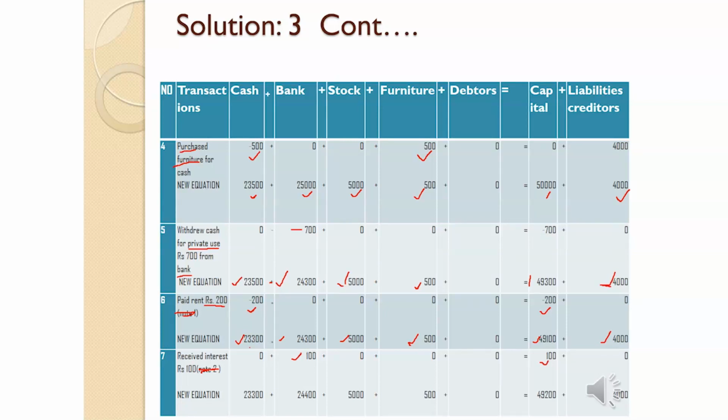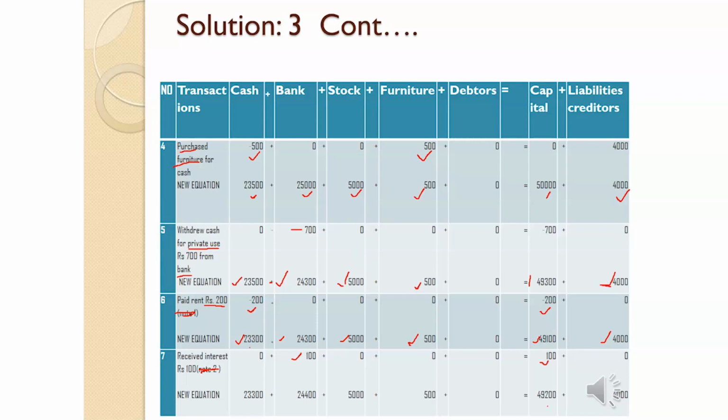The total of this is 49,200 plus 4,000, 53,200. Here 23,300 plus 24,400 plus 5,500, totally 53,200. So the totals of the equation should be equal here.